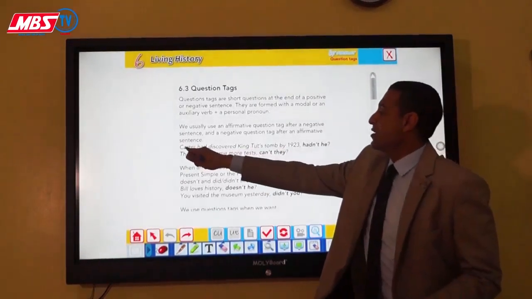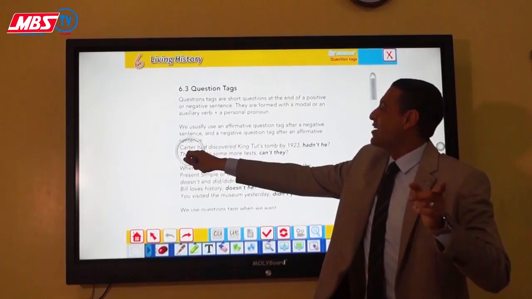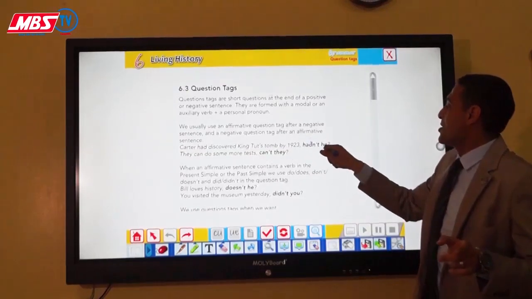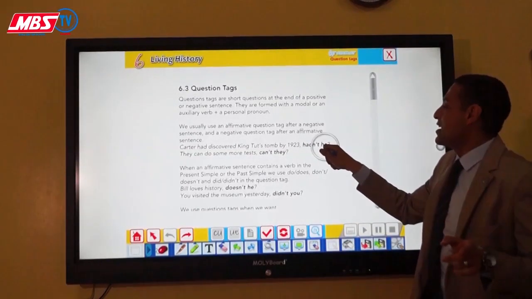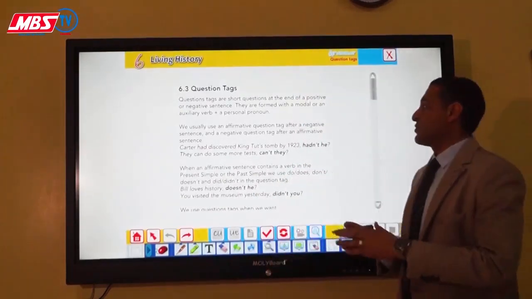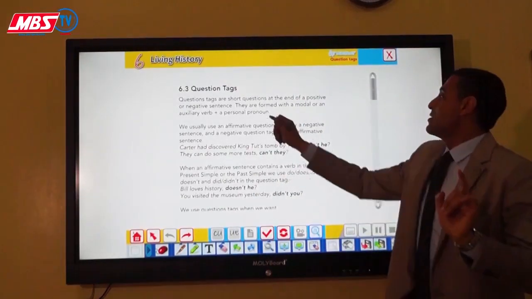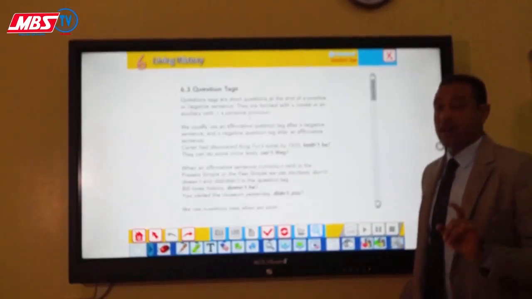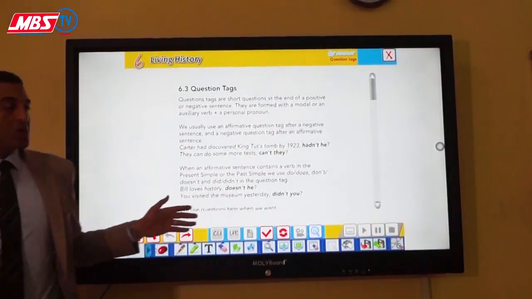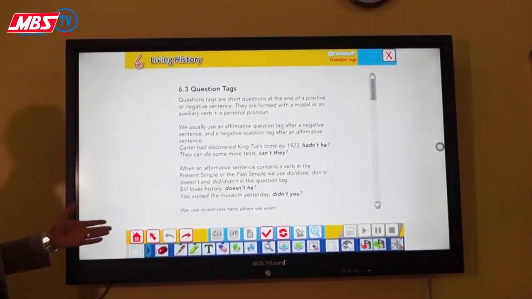But never forget Carter. I didn't say hadn't Carter, but I said hadn't he. So if I have a noun or name of a person, I have to change it to the correct personal pronoun. That was the first step for our question tag today.